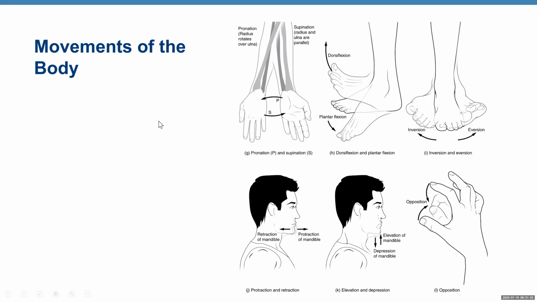And then we have specific movements of the body that only apply to certain parts, like pronation and supination. We use them pretty much for hands only.